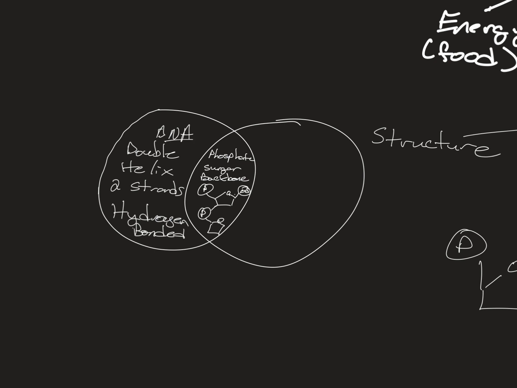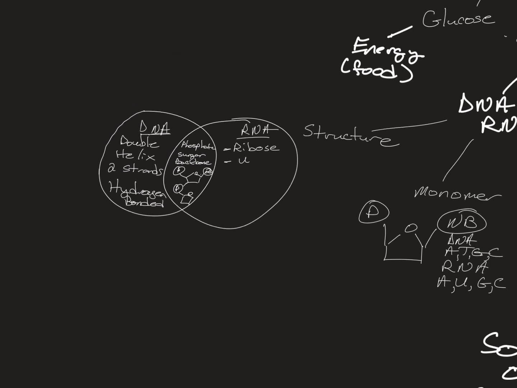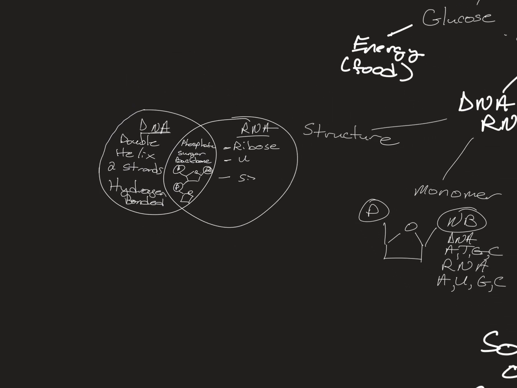DNA and RNA. RNA has ribose, which has an oxygen. DNA has deoxyribose, which doesn't have an oxygen. RNA has a uracil, a U instead of a T. So RNA is single-stranded instead of double-stranded.